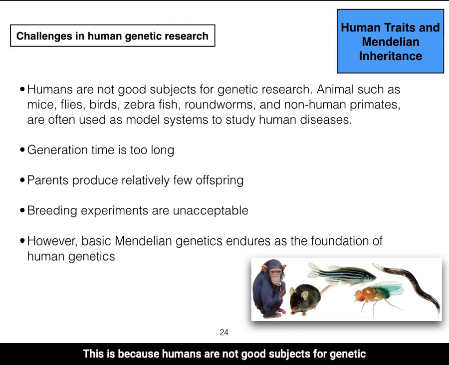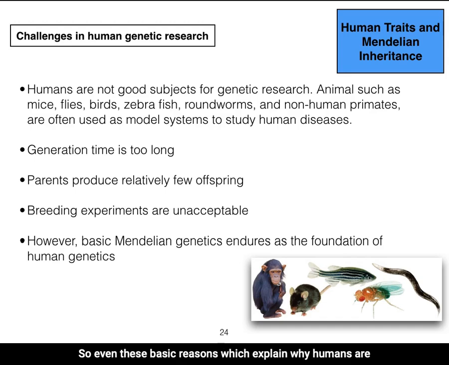This is because humans are not good subjects for genetic research. The amount of time it takes for us to produce offspring is too long. We don't bear enough organisms during pregnancy, and of course there are a lot of ethics surrounding appropriate experiments that you can do in human subjects.